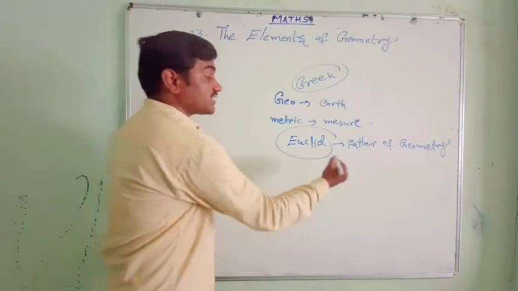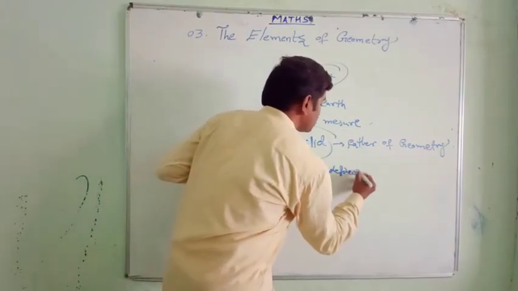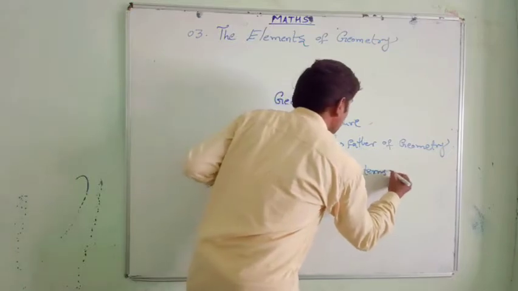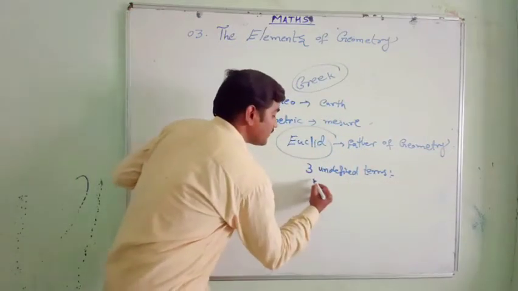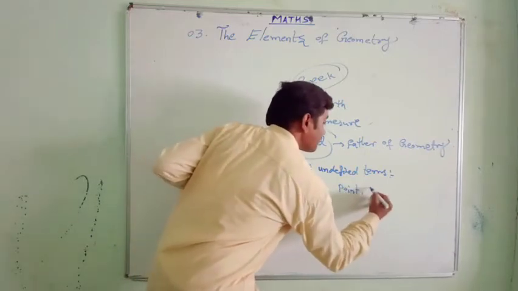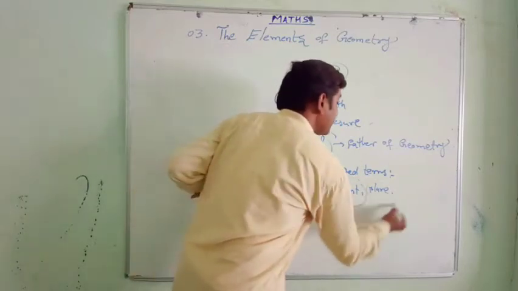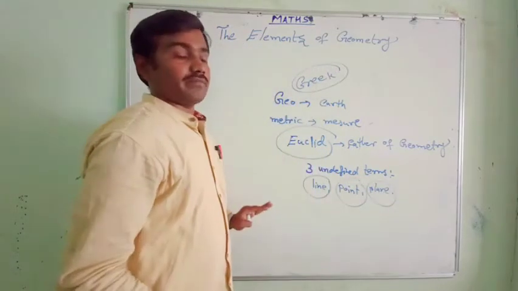According to Euclid, there are three undefined terms: a point, a line and a plane.